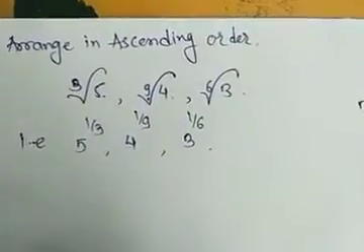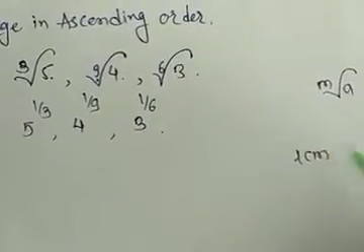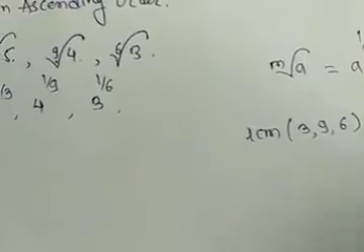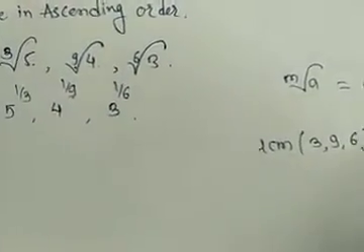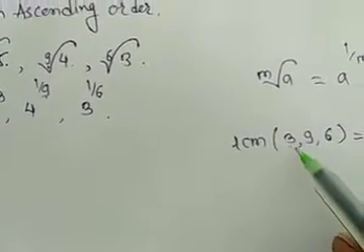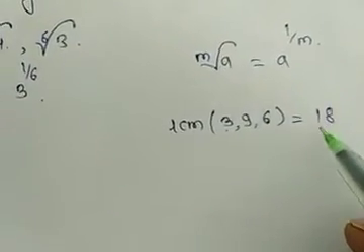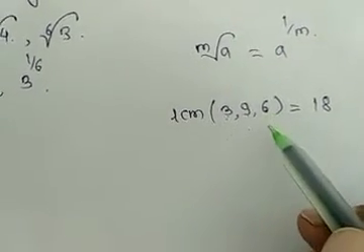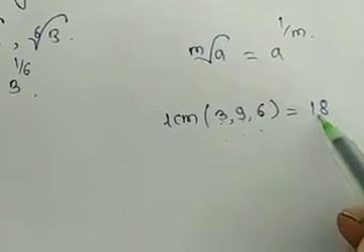Or we can solve it by LCM. Here the LCM of 3, 9 and 6, the least common multiple which should be present in each term, is equal to 18. 3 6s are 18, 9 2s are 18 and 6 3s are 18. So 18 is our least common multiple.